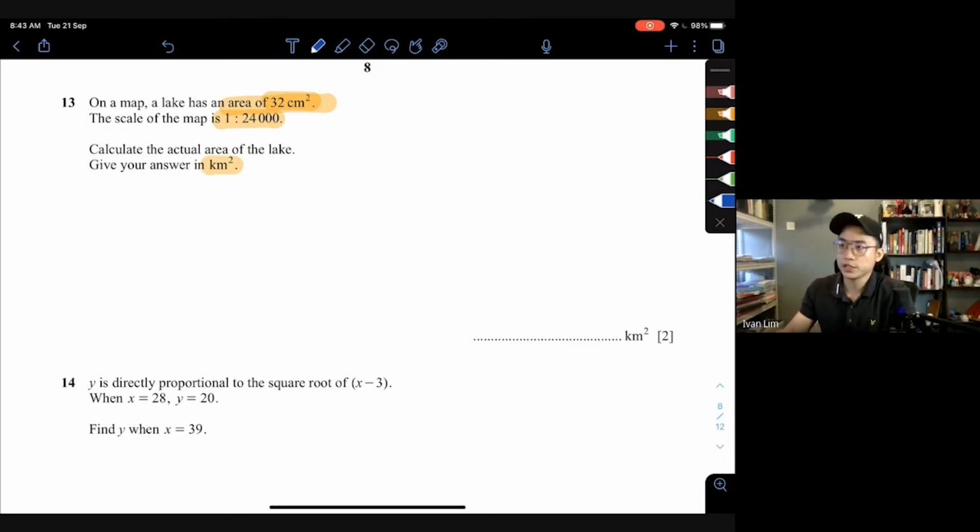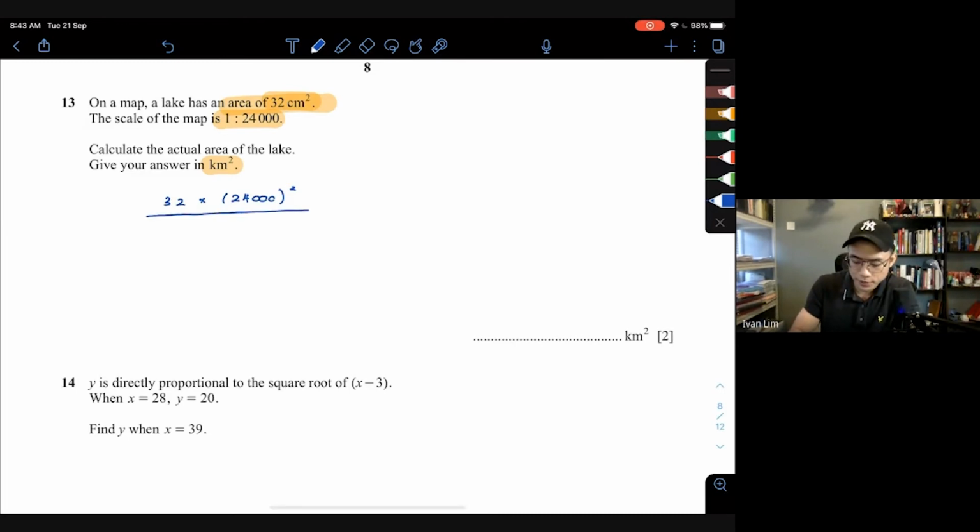Okay, so there are a few parts to this. Number one, we have to scale it up 1 to 24,000. But we have to square the 24,000 because 24,000 is per unit. So the first thing here, 32 times 24,000 square, or you can write 24,000 times 24,000, up to you.